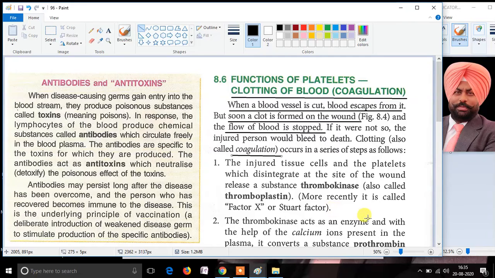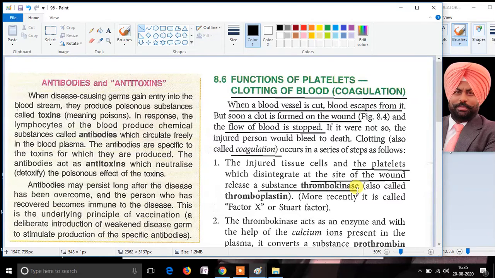Whenever there is a cut on the human body and the blood flows out, the platelets, which are the cellular part of the blood, at the site of the cut or wound secrete a substance which is known as thrombokinase.